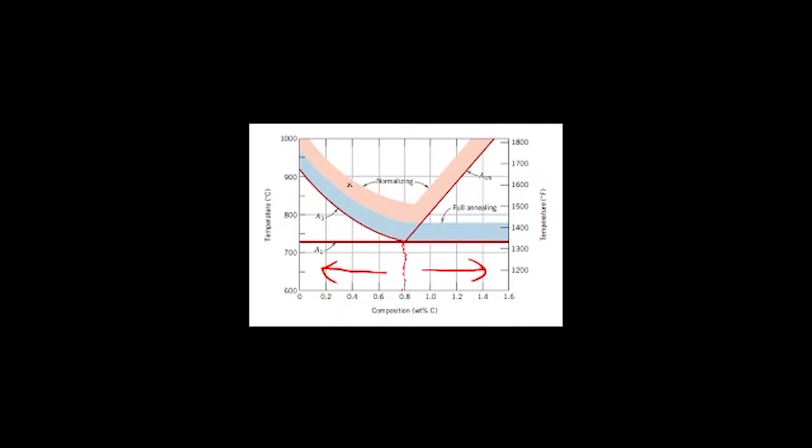The heat up temperature for hypo is around here, where the temperature is 55 to 80 degrees Celsius above line A3 over here. And then for hyper, the heat up temperature is above ACM over here, which is at this region.